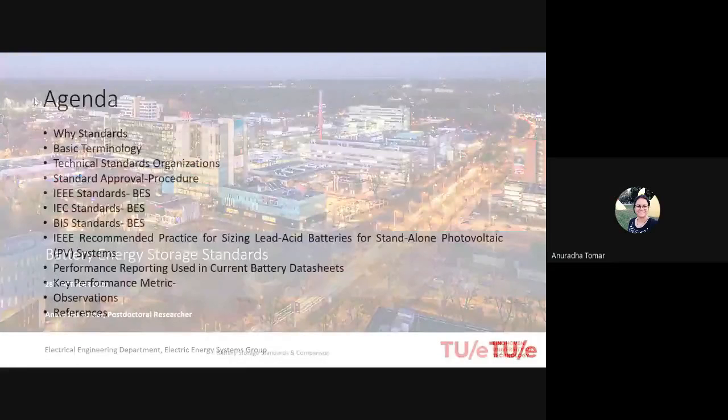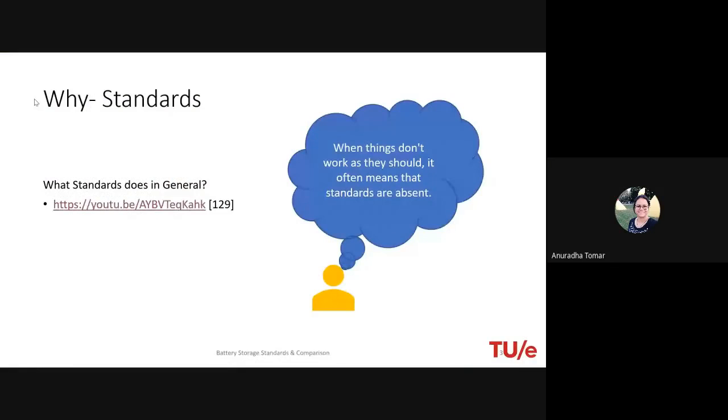Yes, you are audible, but the screen is not visible. Oh, I don't know, just a moment. I think now it should be visible. Yeah, yes, it is visible.